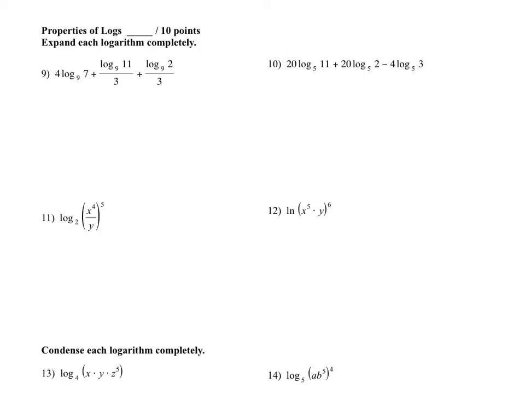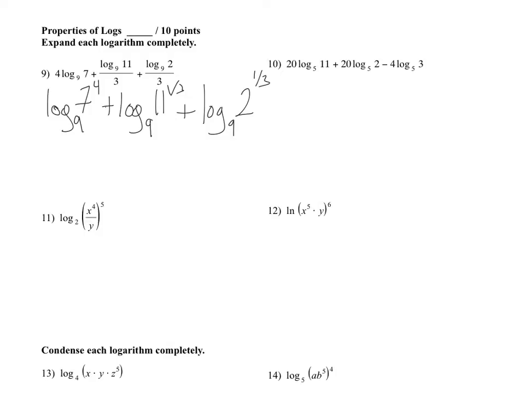First thing we do is deal with the powers that come from the dividing and the multiplying. And I would rewrite this as log base 9 of 7 to the 4th plus log base 9 of 11 to the 1/3 plus log base 9 of 2 to the 1/3.